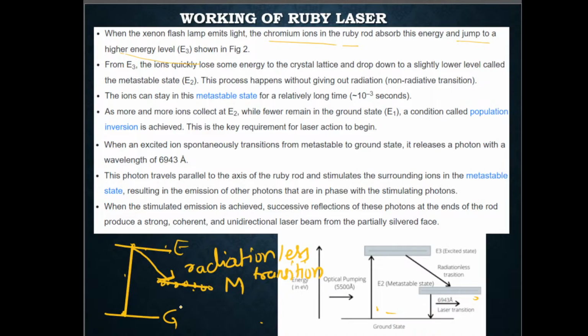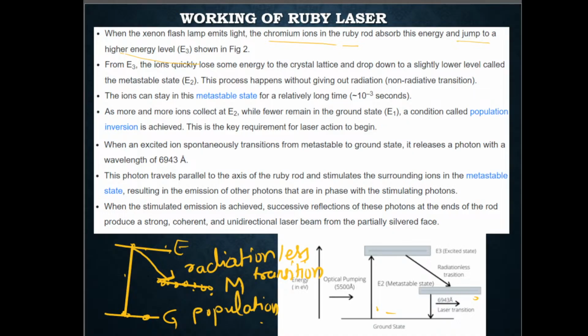So consequently, the number of atoms in the metastable state is more compared to the number of atoms in the ground state. In that condition, the population inversion will be acquired.